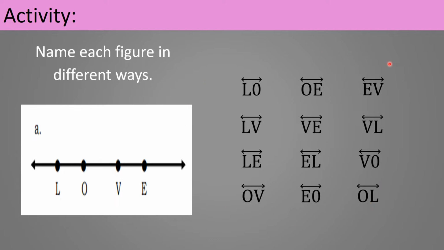But it's the same, as it pertains to one figure, and this will be the figure. So we can name it in many different ways. Any of these 12 can be the name of this figure or this line.